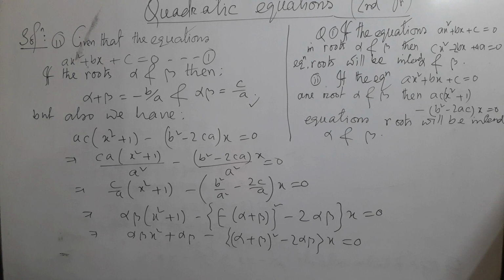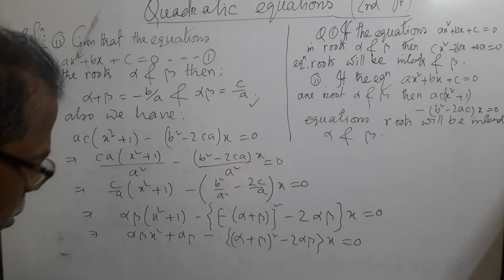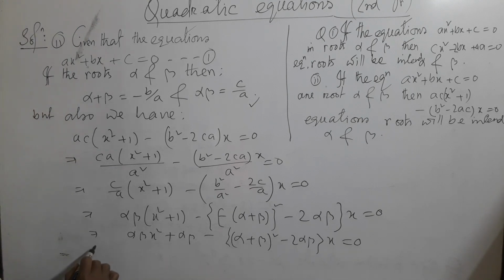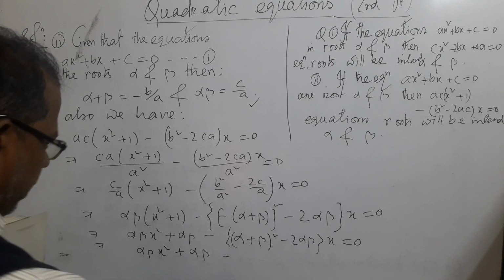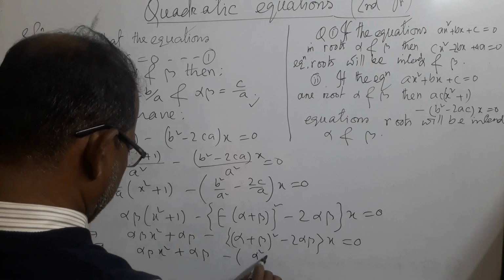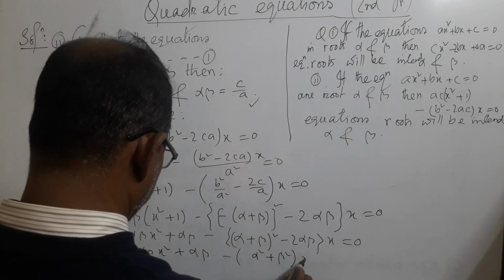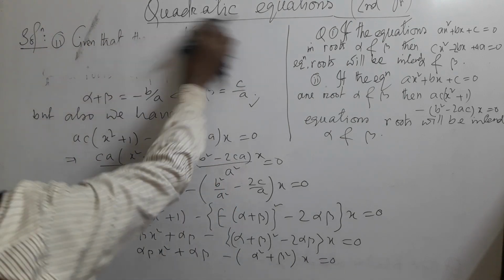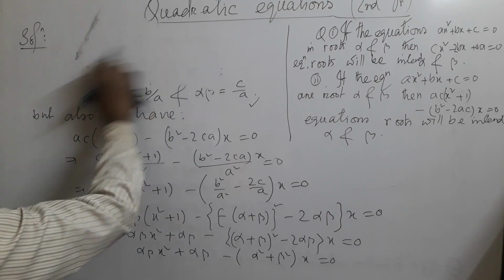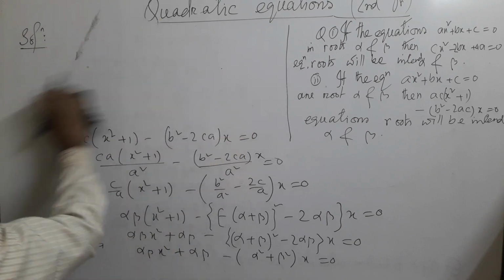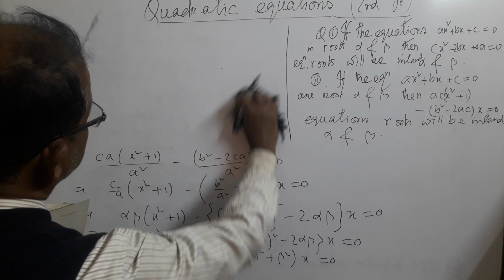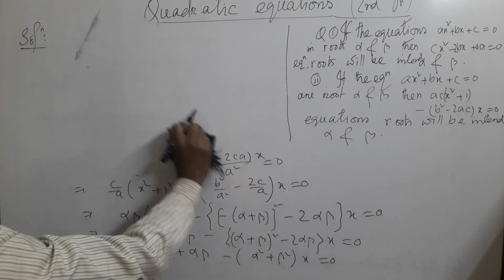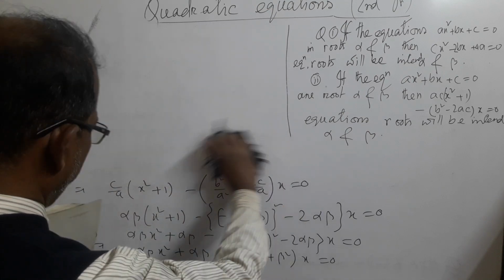Now we write alpha beta minus alpha square plus beta square into x equals 0. It is easy, but you have to practice deeply and memorize this system, then these calculations are automatically easy.